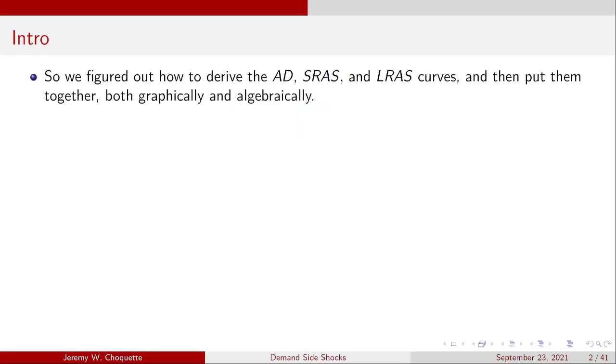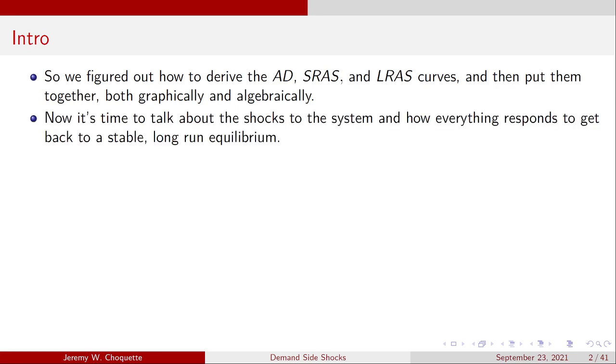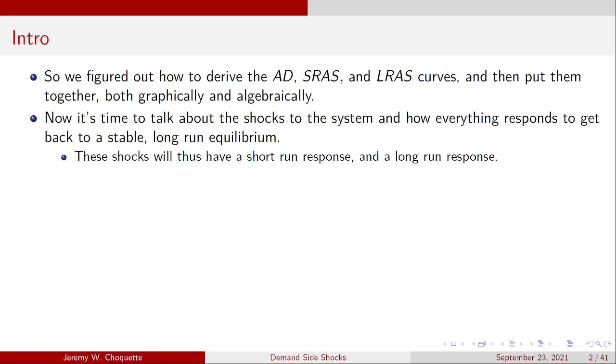So we figured out how we were going to derive aggregate demand, short run aggregate supply, and long run aggregate supply. And then we put them together both graphically and algebraically. And now it's time to talk about the shocks to the system and how everything responds back to a stable long run equilibrium. Now, these shocks will have a short run response, and then there's going to be a long run response as well.